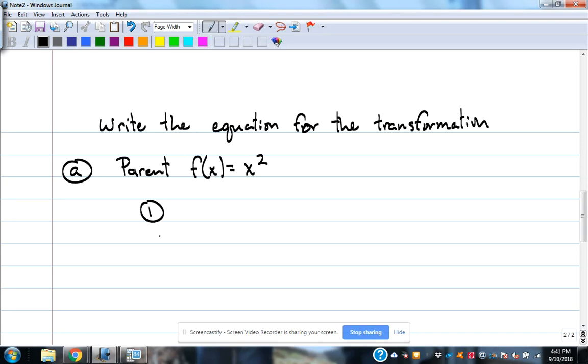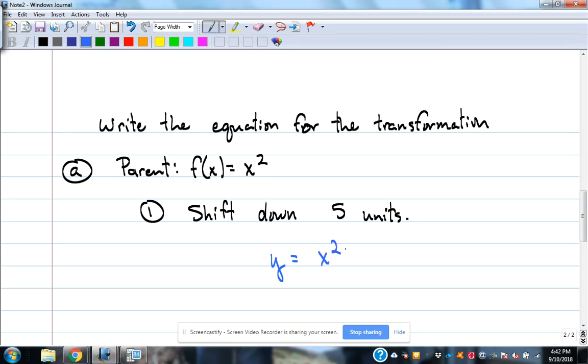We're going to do several things to this parent function. The parent function is f of x is equal to x squared. Okay. Let's shift down 5 units. We're going to shift that down 5 units.